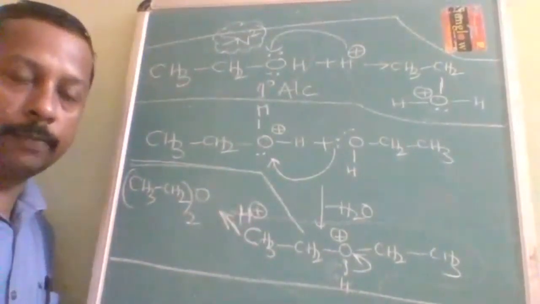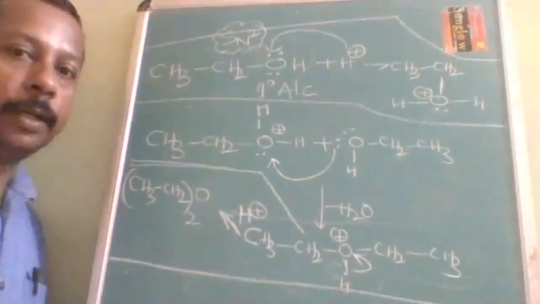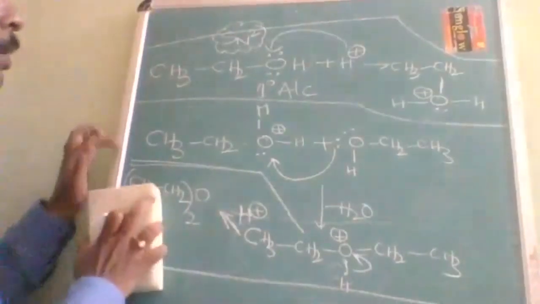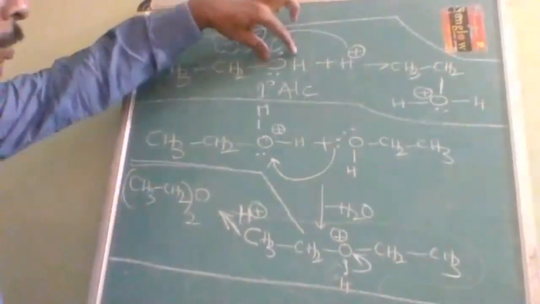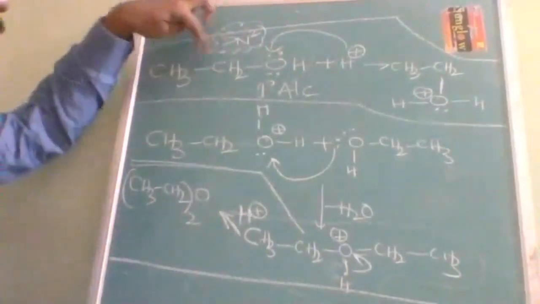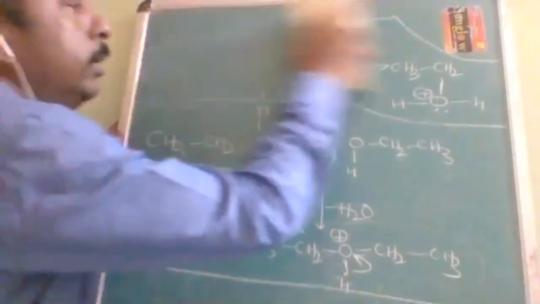For ethyl alcohol it is 140. If I increase the temperature, as you must have already studied, OH leaves from here and H plus here, then it will give you elimination of a water molecule in one single step only. In one single step you are going to get an alkene, as one molecule loses one water molecule.